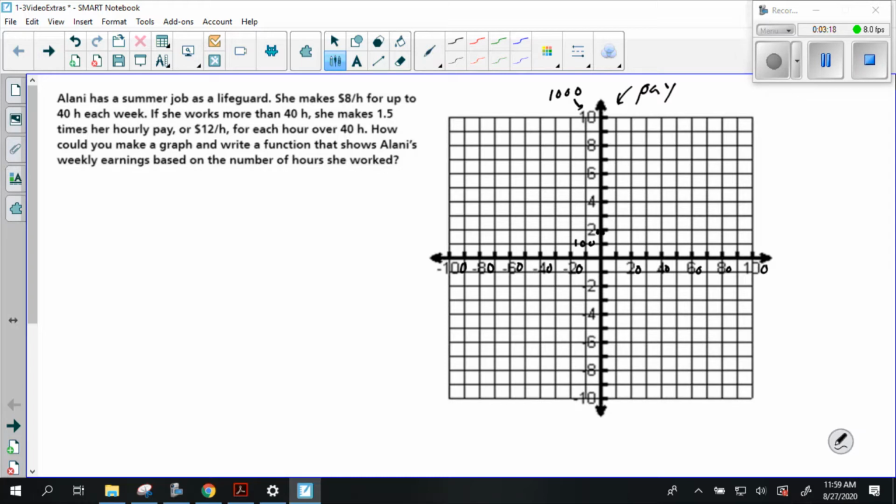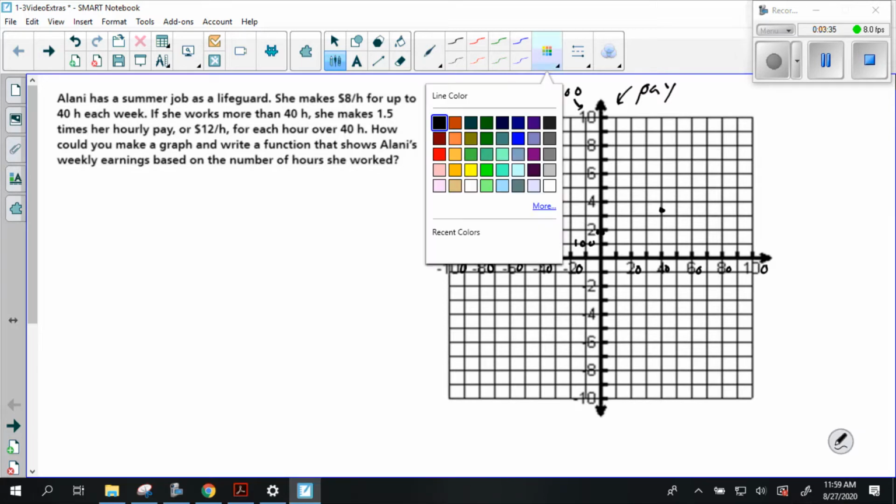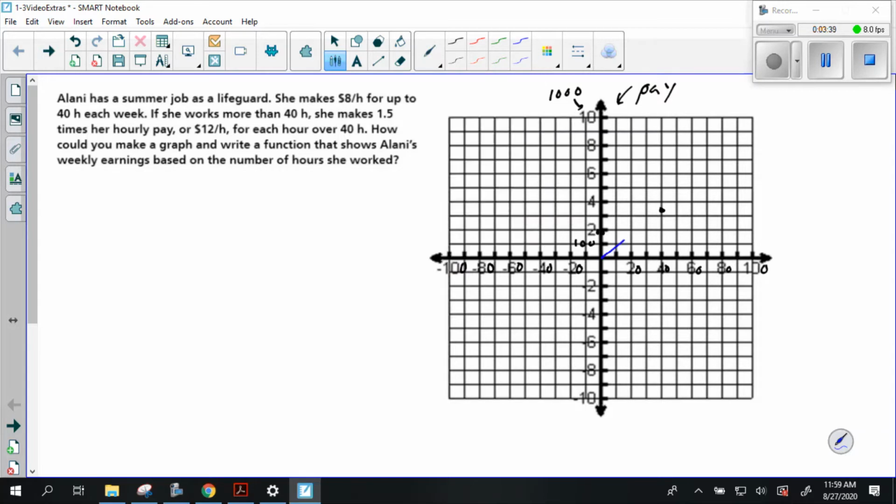So what that means is that at 40, the money that she's made is $320, right? If she's worked 40 hours, she's made $320. So I've got a function that represents what she makes when she works up to 40 hours. Now, after 40 hours, she's making 1.5 times her pay.